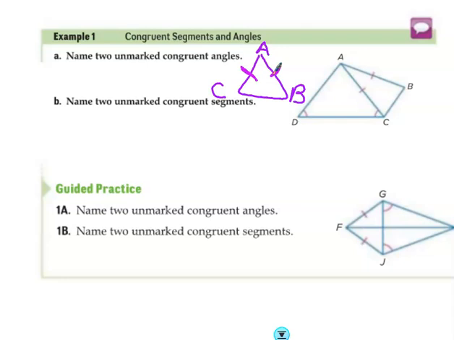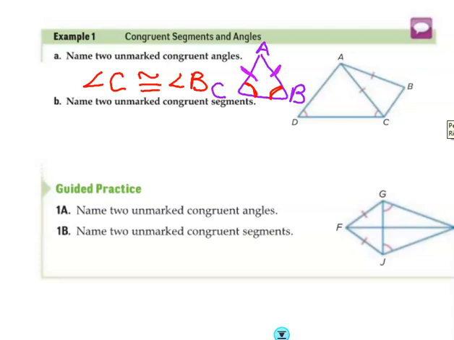Because these sides are congruent, therefore the angles that are opposite are congruent. So angle C is congruent to angle B, because AC is congruent to AB.